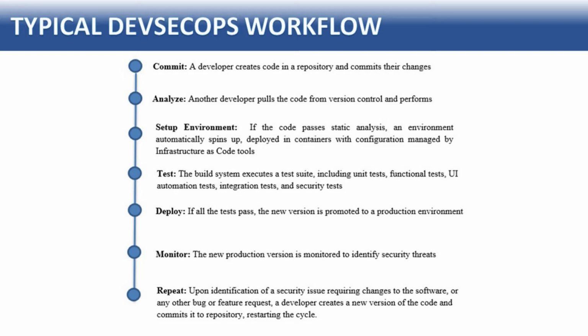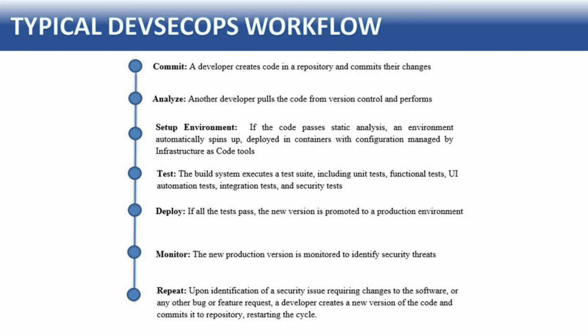Second one is analyze. That means another developer pulls the code from version control and performs analysis. And then set up environment. If the code passes static analysis, an environment automatically spins up, deployed in containers with configuration managed by infrastructure as code tools.